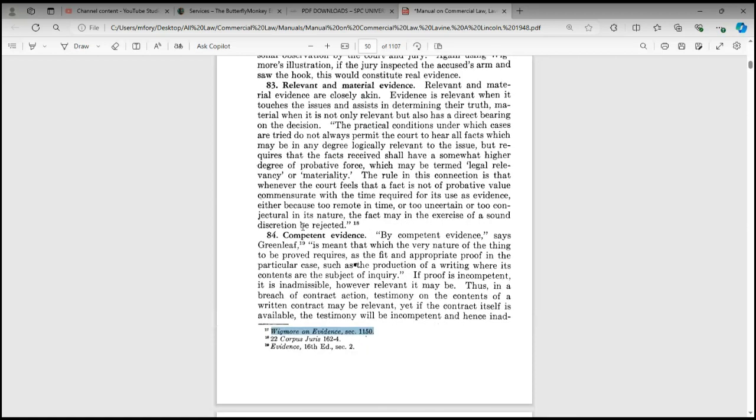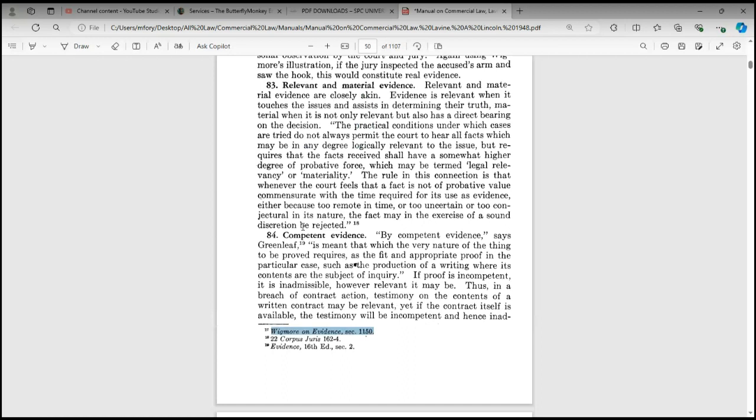Relevant and material evidence. Relevant and material evidence are closely akin, similar, or the same. Evidence is relevant when it touches the issues and assists in determining their truth.